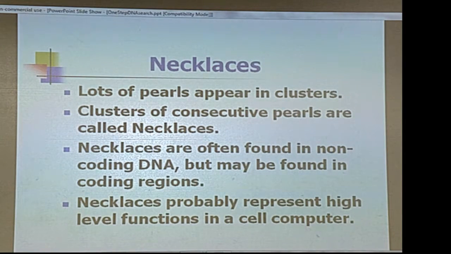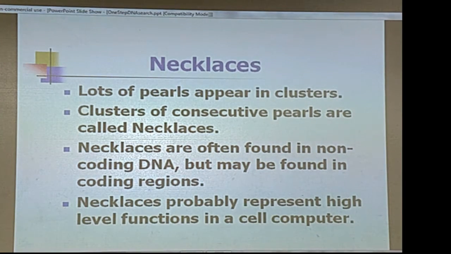So lots of pairs appear in clusters. And clusters of consecutive pairs are called necklaces. Necklaces are often found in non-coding DNA and non-coding RNA. But I found that lots of these necklaces are in the coding area. So this gives you something to think about.